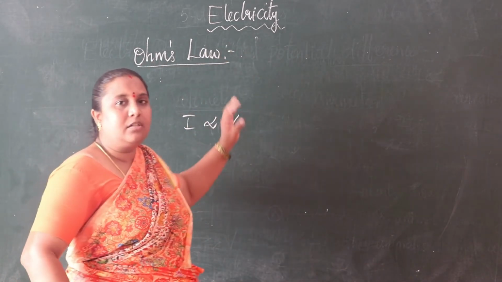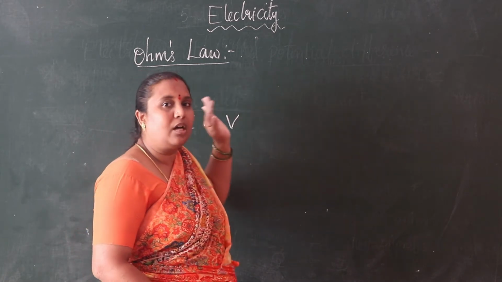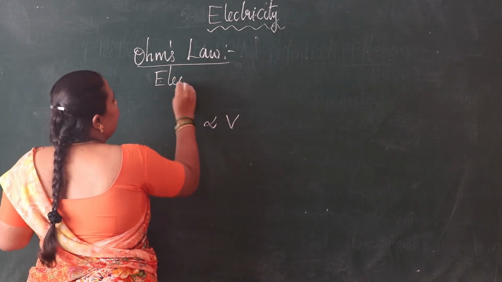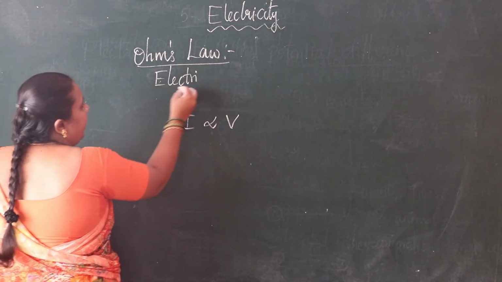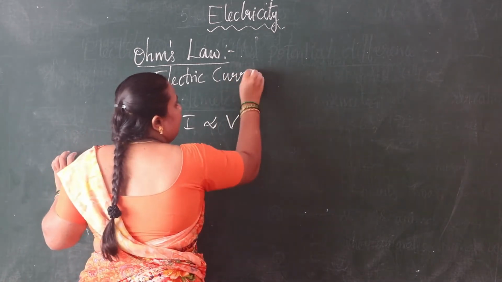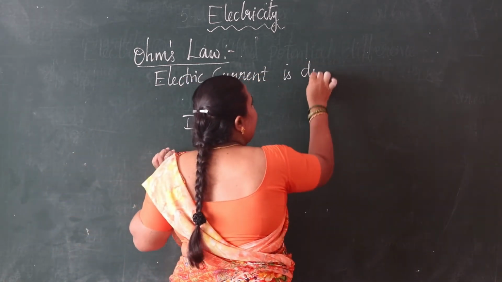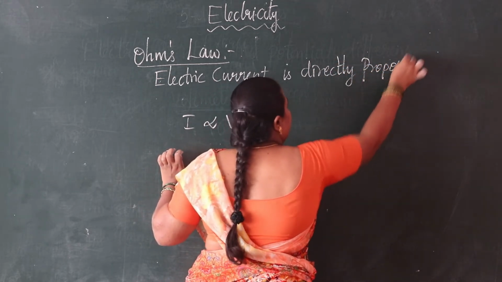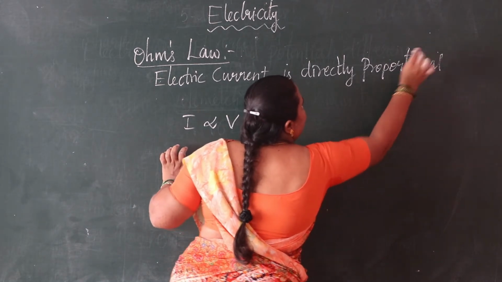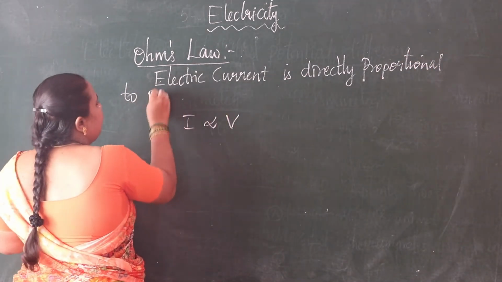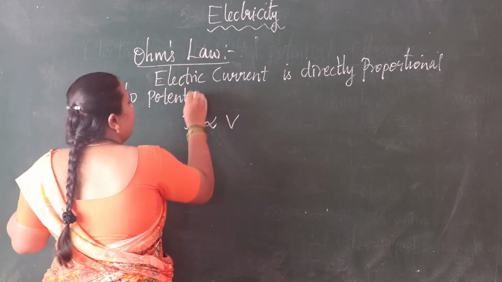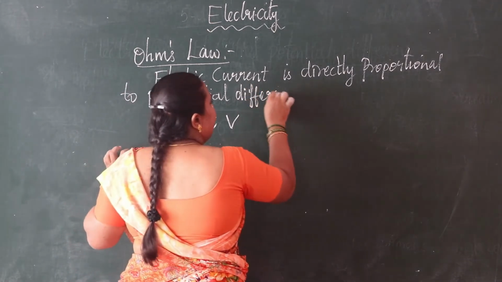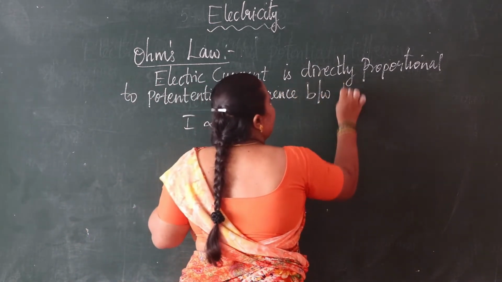Ohm's law states that electric current is directly proportional to the potential difference between two points.